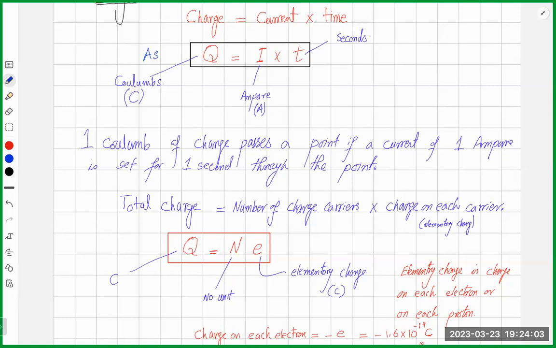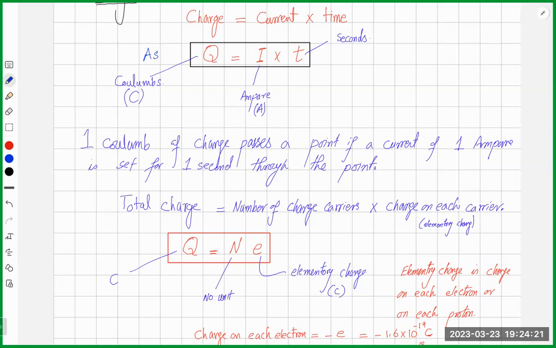Charge is a quantum quantity. It is a quantity that depends on discrete numbers, and the total charge is always a multiple of the number of charged particles and the charge on each particle.